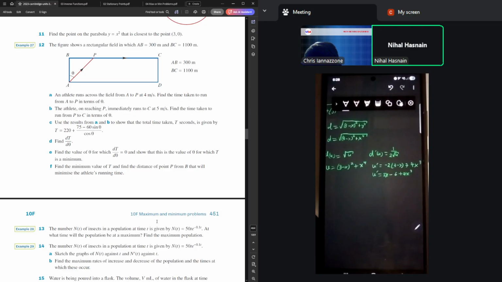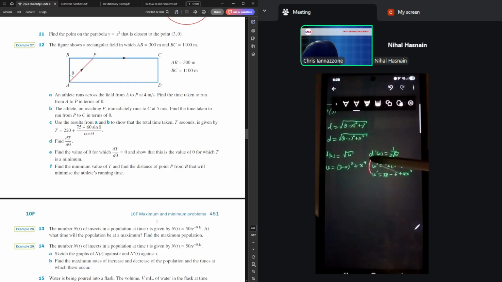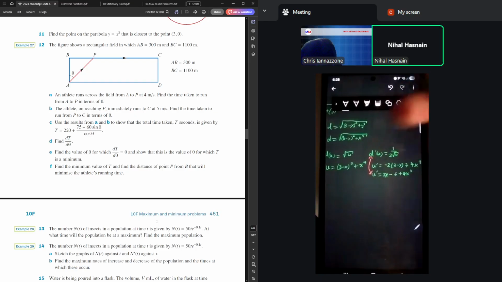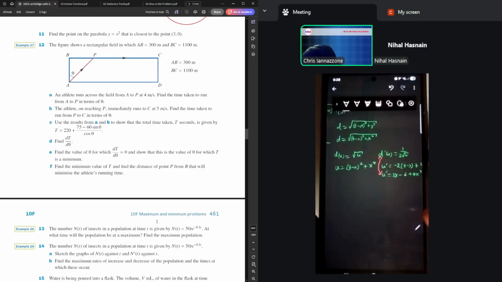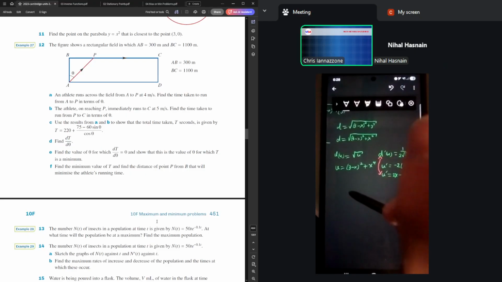Now we just do the chain rule again on the inner and outer functions. Finish it up, yeah. So multiplying those two derivatives together.